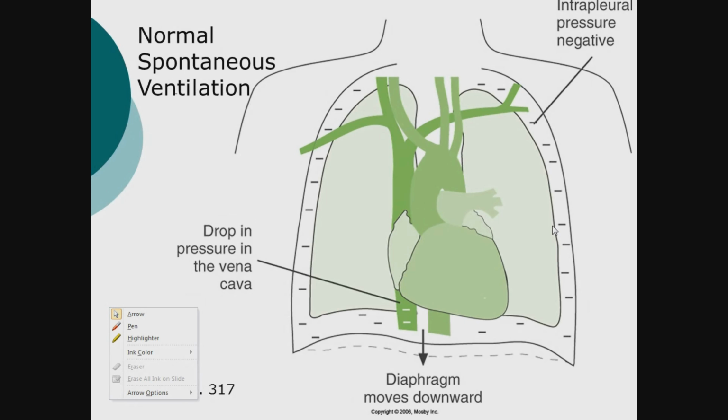That intrapleural pressure becomes more negative, and that negative pressure is also transmitted across the vasculature, so the vena cava actually becomes negative, and you end up having blood being brought back into the thoracic cavity. Spontaneous ventilation actually helps increase preload.